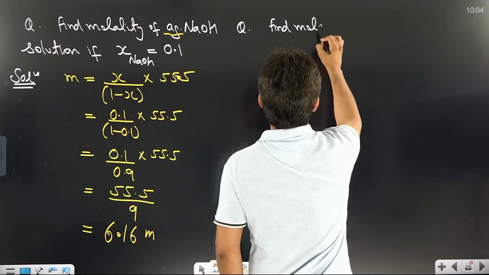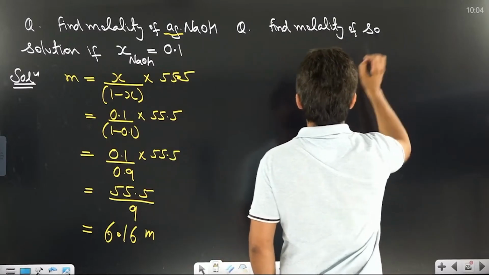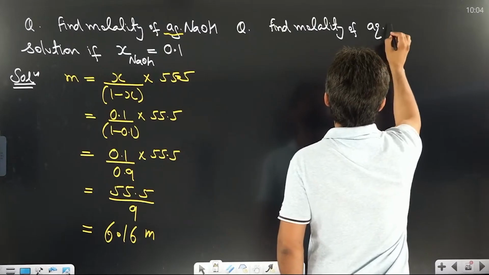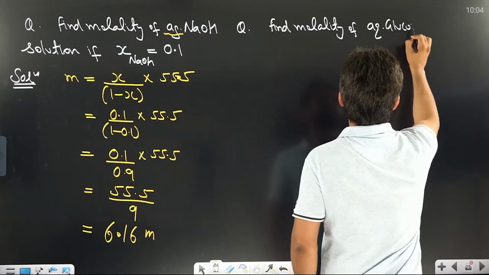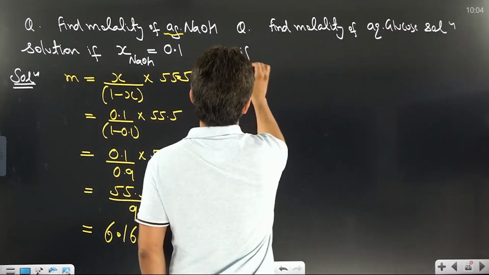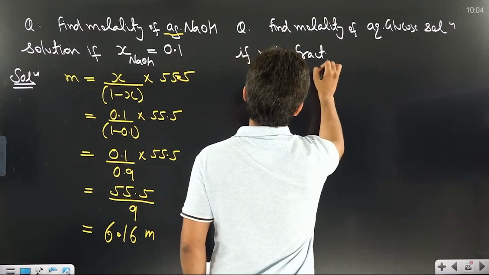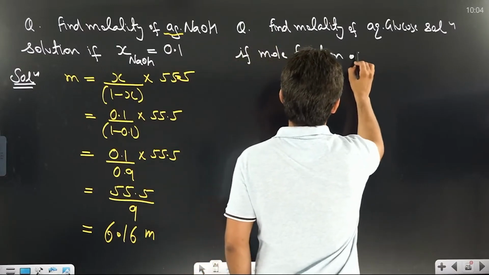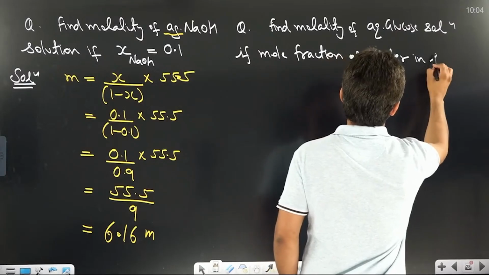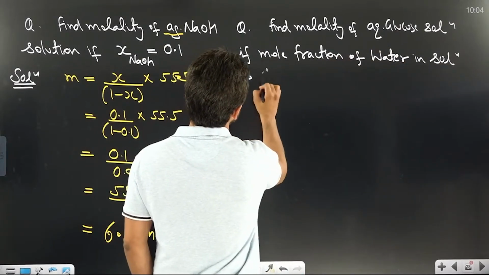Find the molality of an aqueous glucose solution if the mole fraction of water in the solution is 0.8.